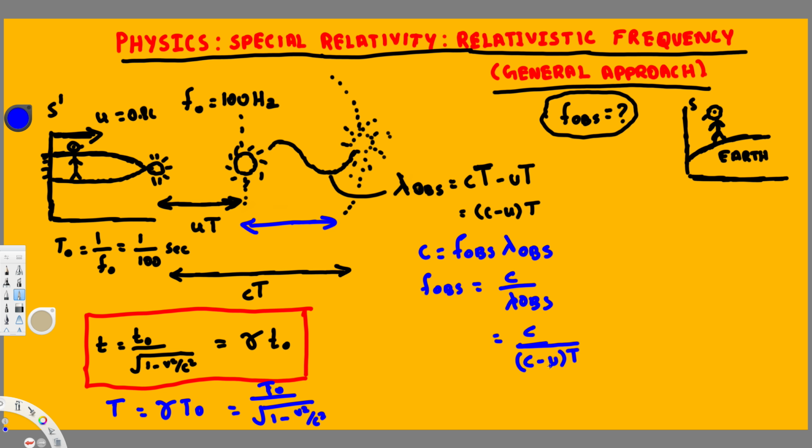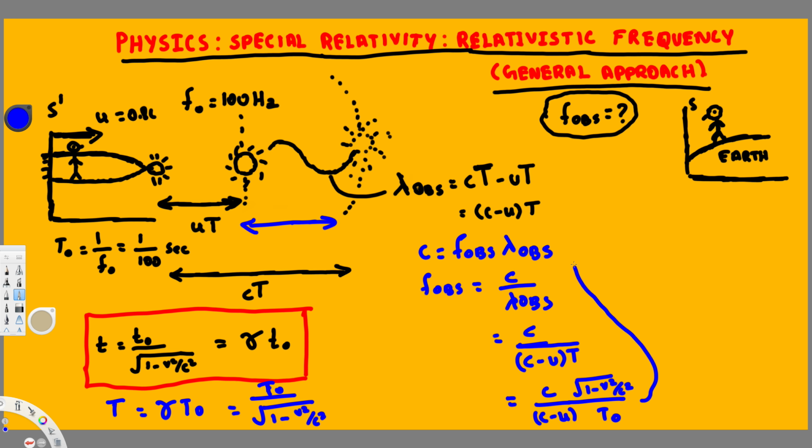So this is going to be c over c minus u, and t is going to be the flip of this one because it's in the bottom. So the equation we are going to put right here is the square root of 1 minus v square over c square over t naught, right? t naught.